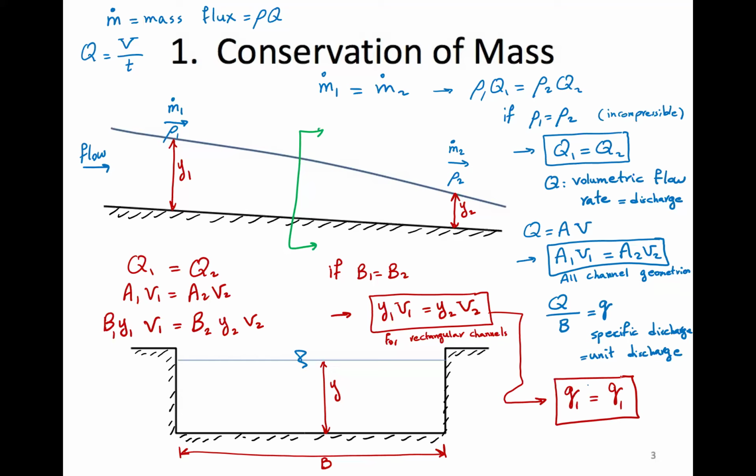Again, this is only for rectangular channels. The conservation of mass reduces to a relatively simple equation, and it's really discharge being the same. In rectangular channels, even simpler, specific discharge. We don't have to worry about width. It's the product of depth by velocity that has to be constant. So really not much different from general conservation of mass.